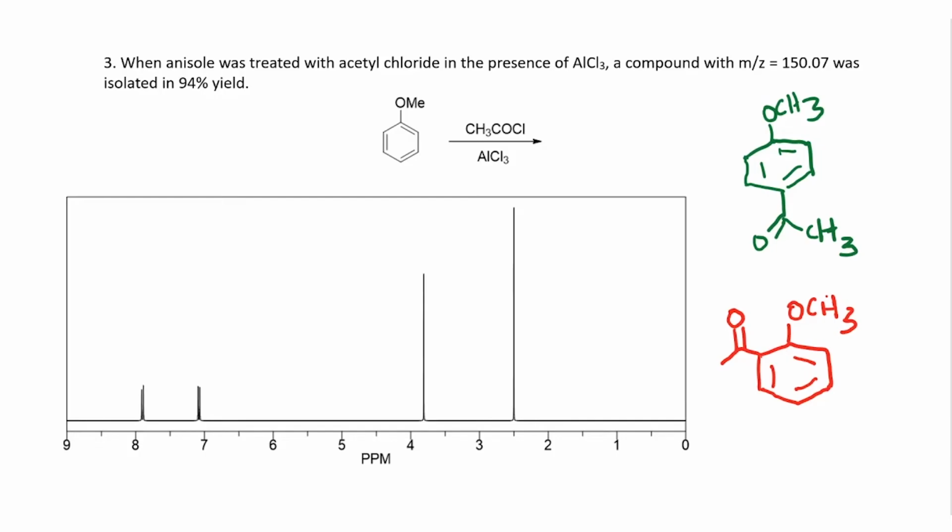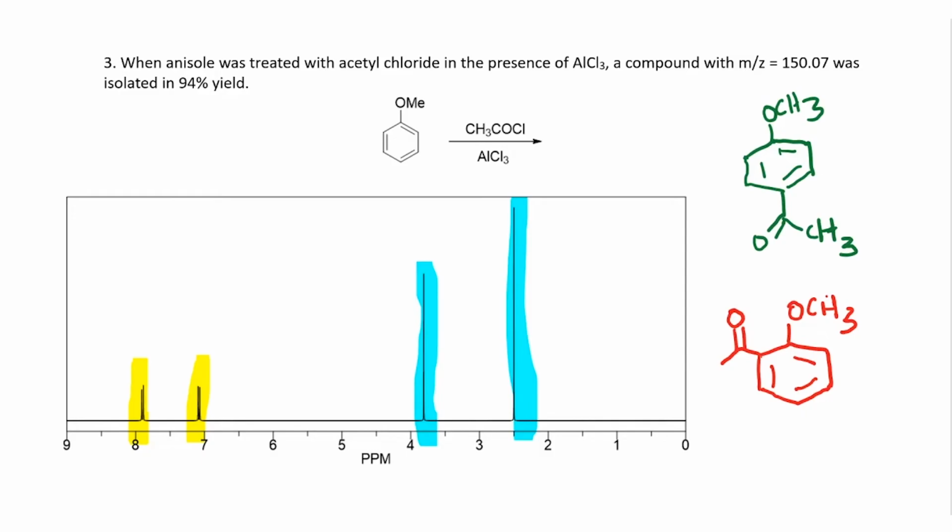So if I look at this NMR spectrum, we have 2 peaks in the aromatic region, and all the other peaks are in the aliphatic region. So we are mainly interested in the peaks at the aromatic region, and keep in mind that the yield of the compound is 94%.